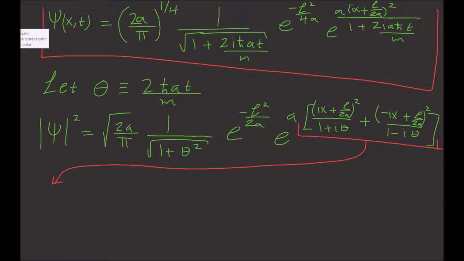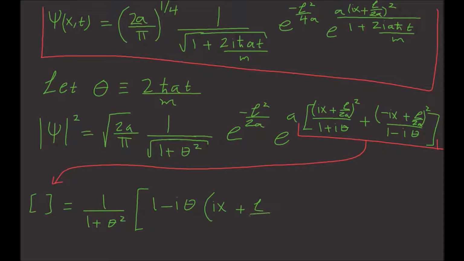This bracket equals 1 divided by 1 plus theta squared, right, times 1 minus i theta times i x plus L divided by 2a, this term is squared, plus i theta.